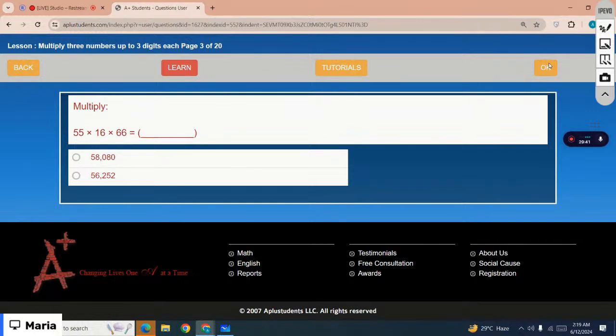The correct option is, mm, you guys are using a calculator. That is 58,080. Option number 1 is the correct option, right?